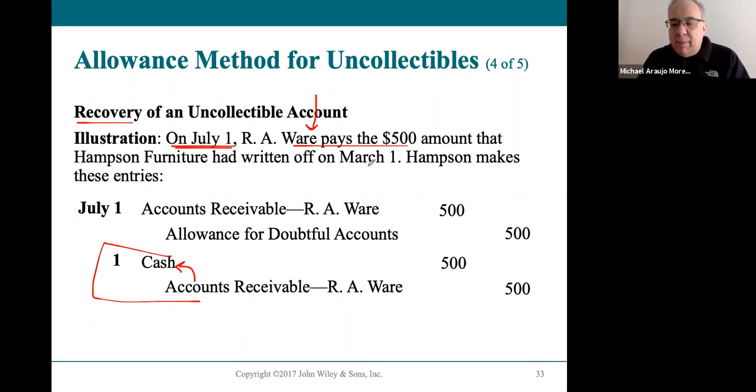So yes, if a business is having a hard time, look what's happening with the coronavirus. A lot of businesses are out of business, or they're struggling to pay their bills. So maybe there's an RA Ware out there who hasn't paid their bill for several months. But now maybe as things get better and they have more money, they want to reestablish that trust in that relationship because they actually need to do business with that business.